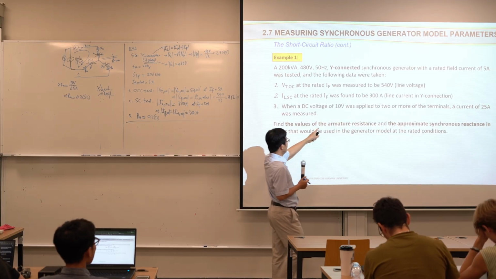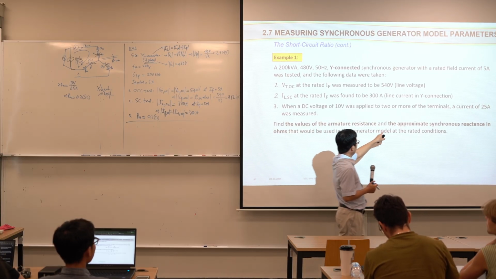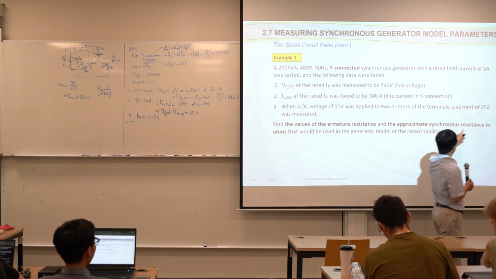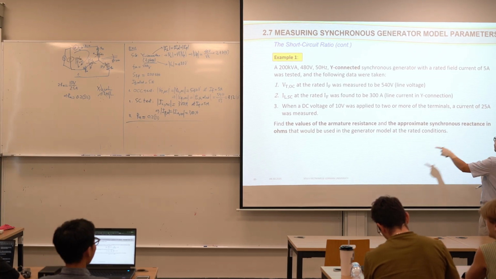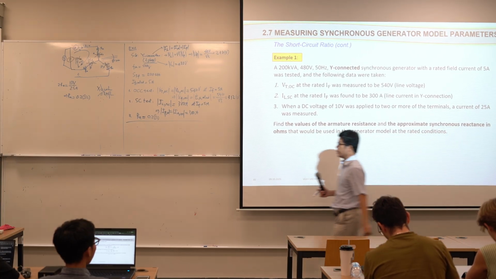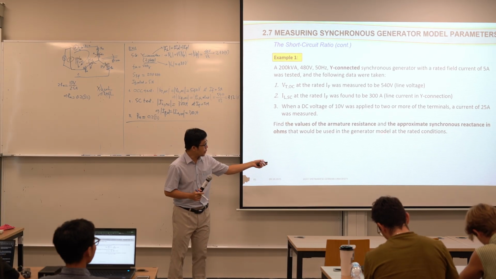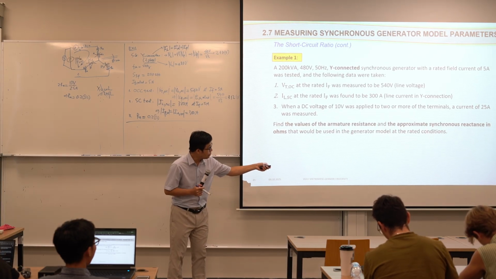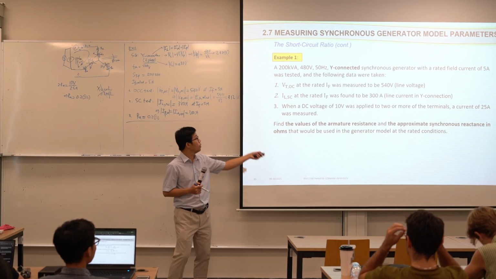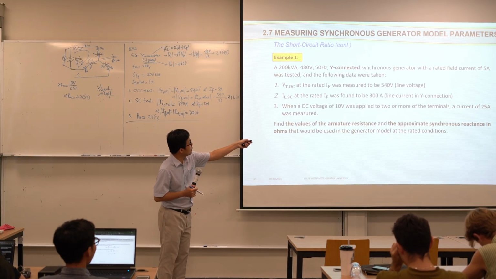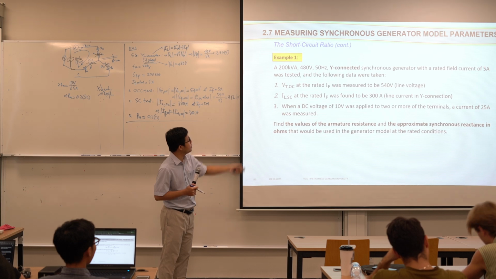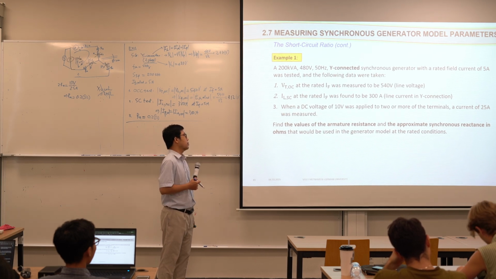Find the values of the armature resistance and the approximate synchronous reactance. So the keyword is here: the rated condition. Every piece of information here is rated. Rated IF, rated voltage.